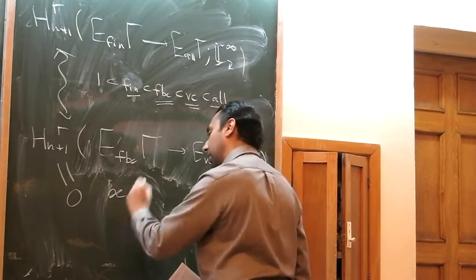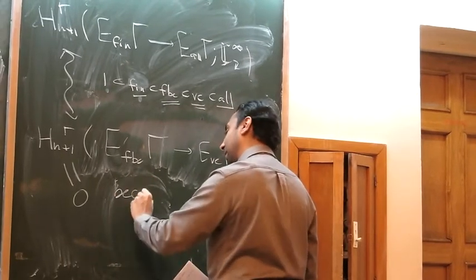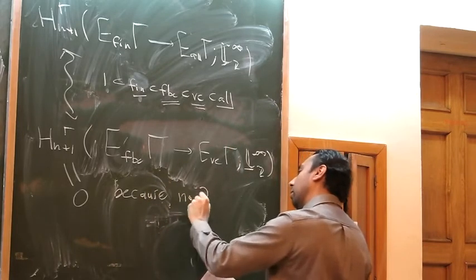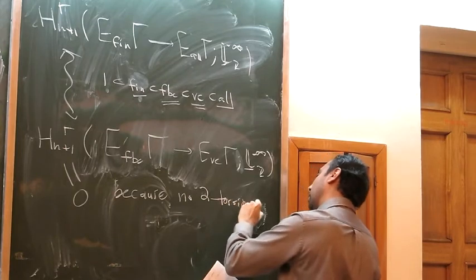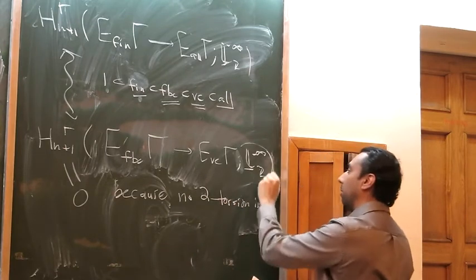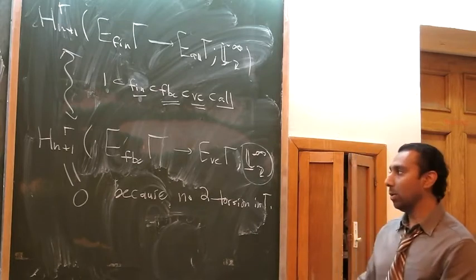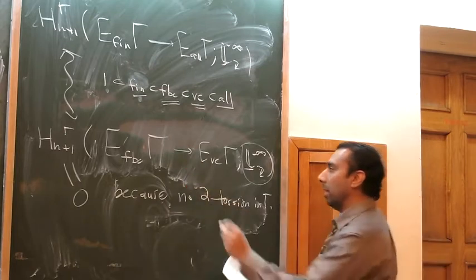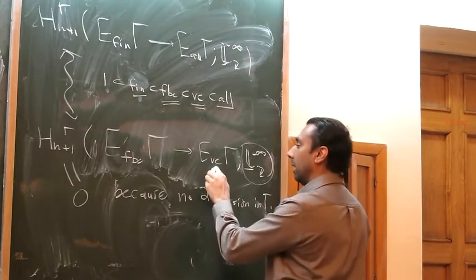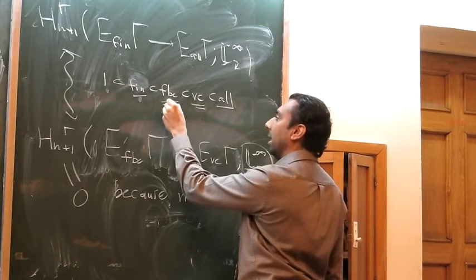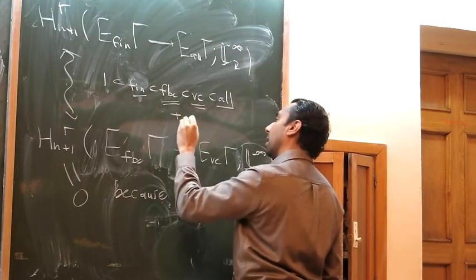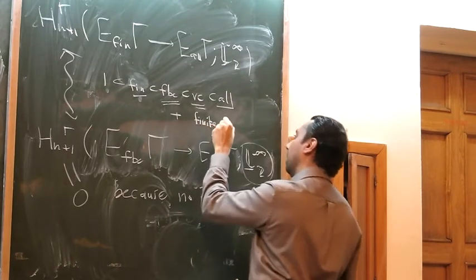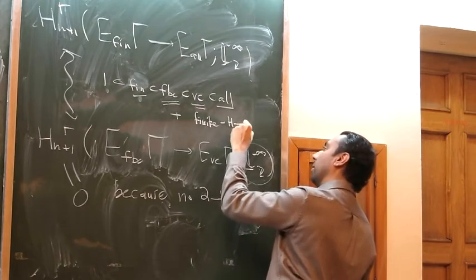Because there is no two torsion in gamma. There's some specific properties of this functor that as soon as you have no two torsion, then what is this? And what is this? This is this family. This family is the same thing as this family plus finite by infinite dihedral.